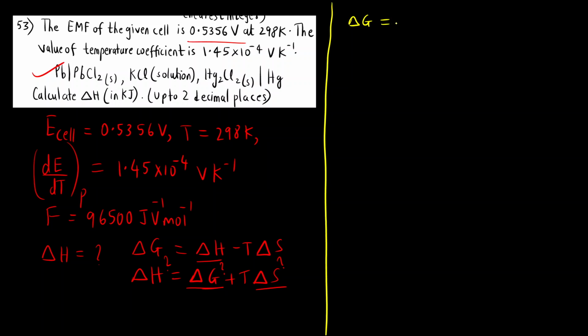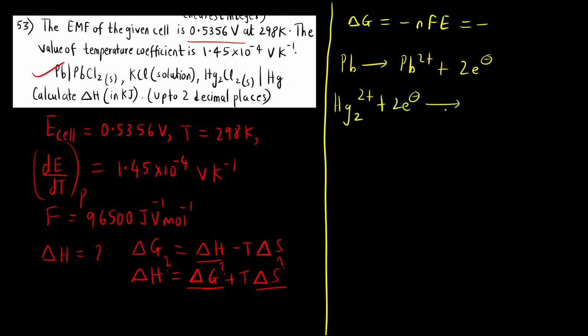So delta G will be minus nFE. How many moles are involved? For that we have to write down the cell reaction. Pb is getting converted to Pb2+ plus 2 electrons. Similarly, Hg2 2+ will gain 2 electrons and become 2Hg.